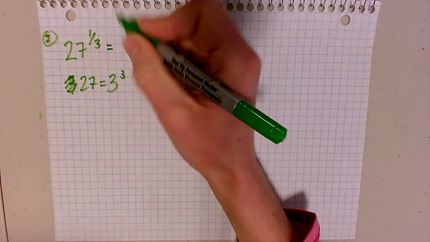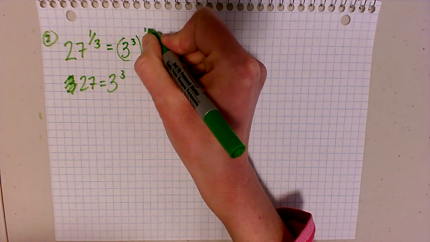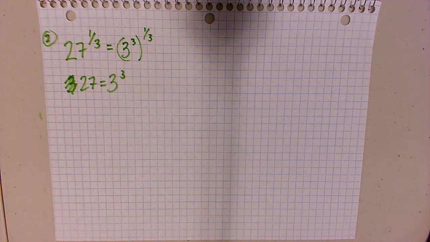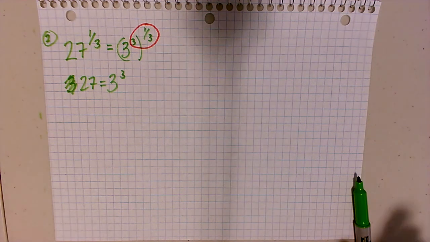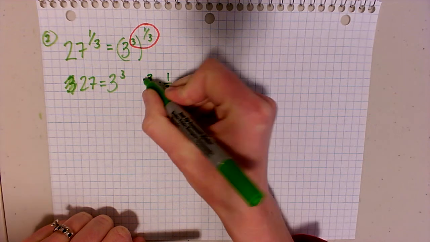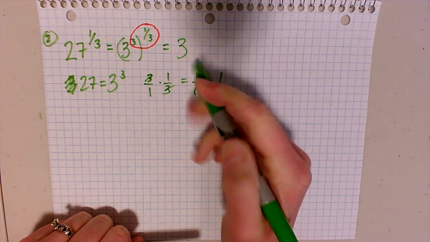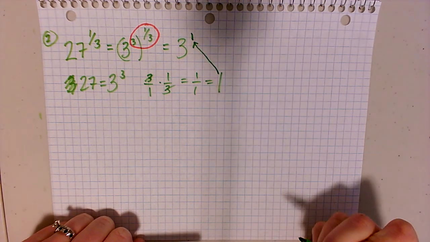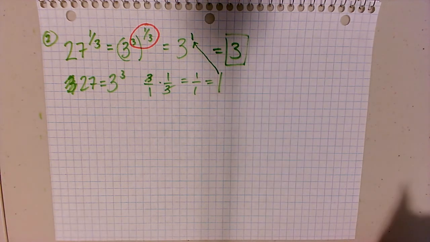So this 27 to the 1/3, we could rewrite this as 3 to the 3rd, and then raise that to the 1/3. Okay, and then we do the same thing where we multiply these exponents, right? So then you think to yourself, okay, so 3 over 1 times 1 over 3, I can cancel the 3's, and I get 1. So then your new exponent is 1, right? That 1 goes there and becomes our new exponent, and so then the answer to number 2 is just 3.